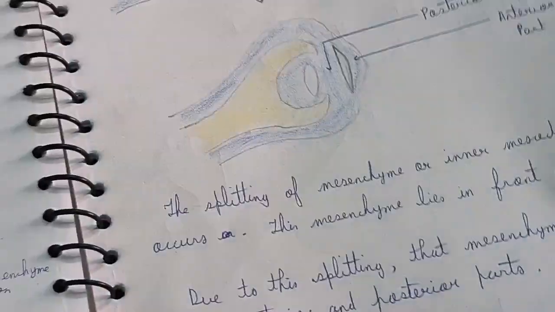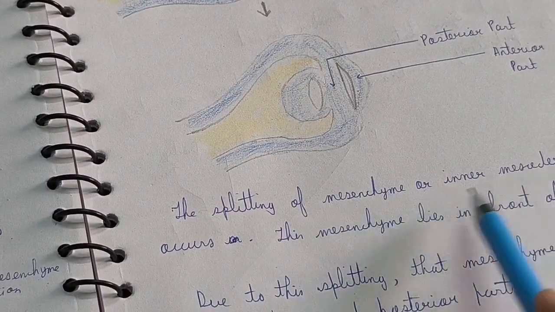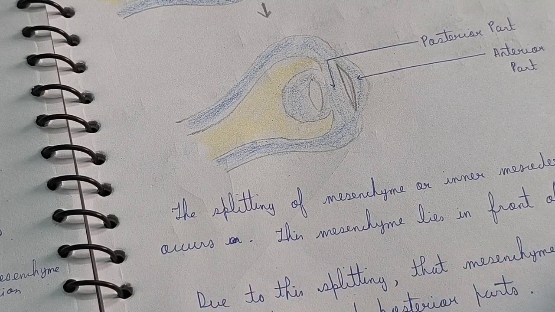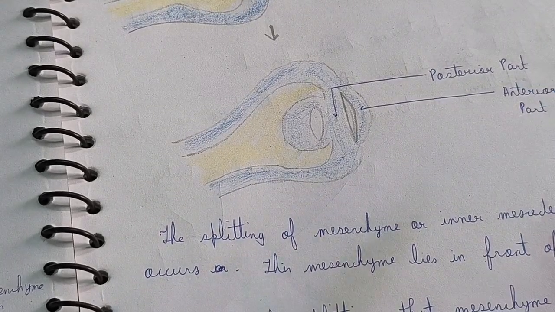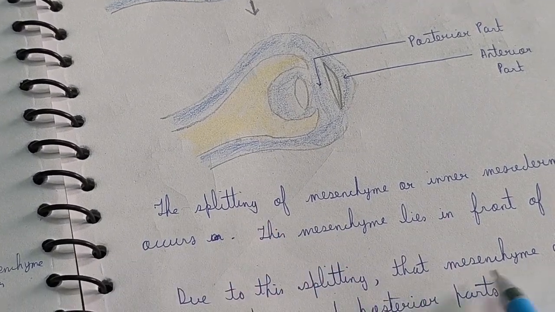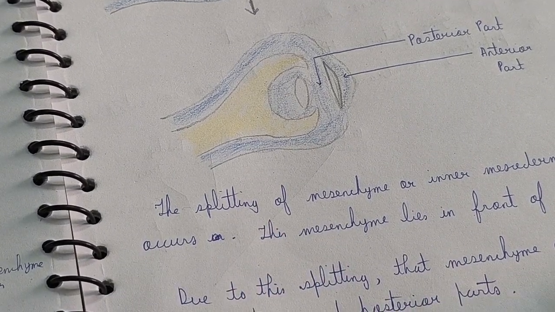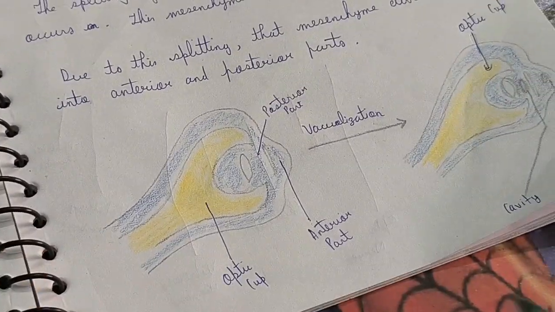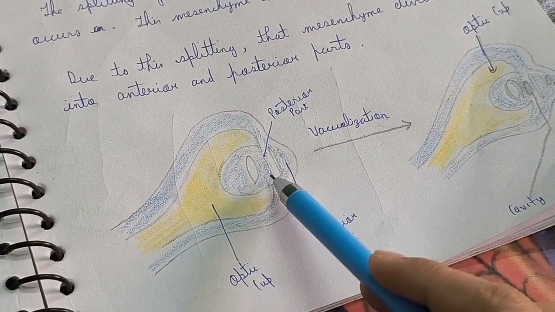Therefore, I have written that the splitting of the mesenchyme, or inner mesodermal layer, occurs, and this mesoderm lies in front of the lens vesicle. Due to this splitting, the mesenchyme divides into anterior and posterior parts around the optic cup.